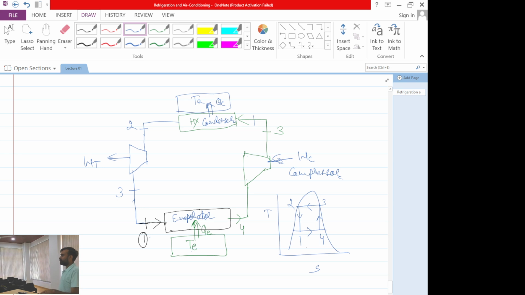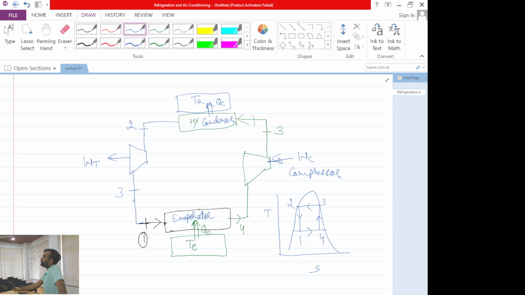What is process 1 to 4? Isothermal heat addition. So the process which earlier was heat rejection has become heat addition. What is 4 to 3? Isentropic compression. 3 to 2 is isothermal heat rejection, and 2 to 1 is isentropic expansion.